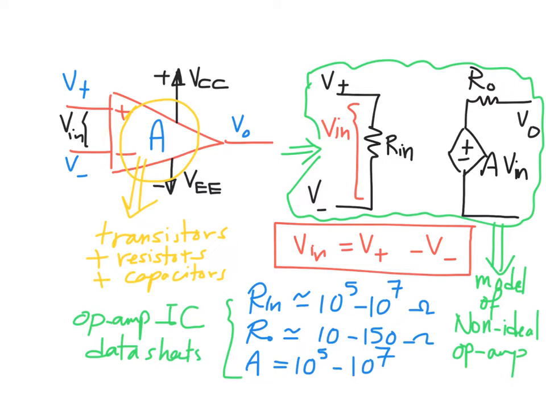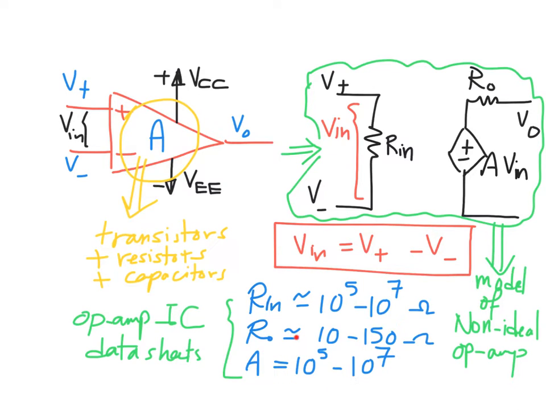For some typical values in op amp ICs, the integrated circuits, you can Google any data sheet of these op amps. For the typical values of these symbols, the input resistance is between 10 power 5 and 10 power 7 ohms, some hundreds of kilo ohms to a few mega ohms. The output resistance of this operational amplifier is a very low resistance, something in terms of tens to a few hundreds of ohms.